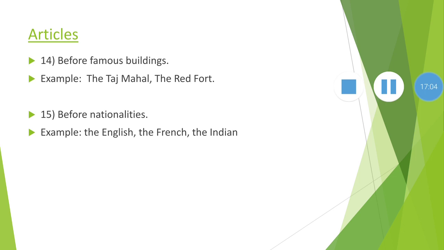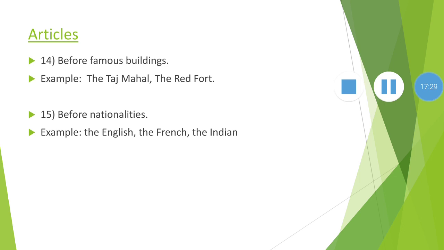We have also seen how to use the indefinite articles as well as the definite article in examples. Those doubts or problems in our mind, how and where to use the article, should be clear if you watch this video carefully.